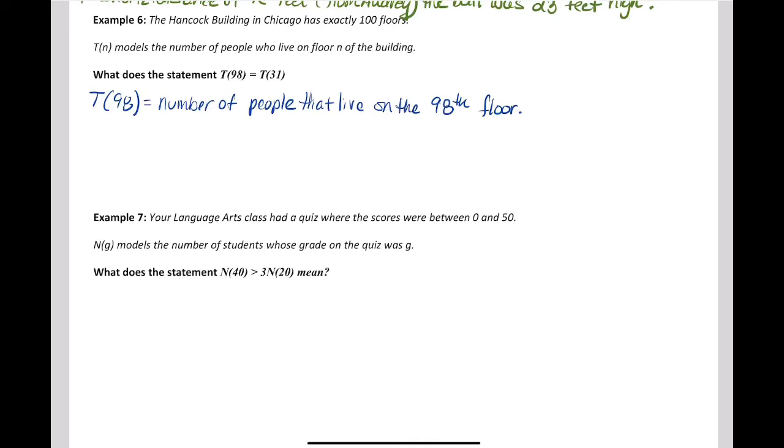So T of 98 represents the number of people that live on the 98th floor. We're not sure how many it is. Maybe it's 1,000 people. It probably isn't, but maybe it is. Same thing with T of 31. That does not mean there's 31 people on floor T. It just means the number of people that live on the 31st floor.